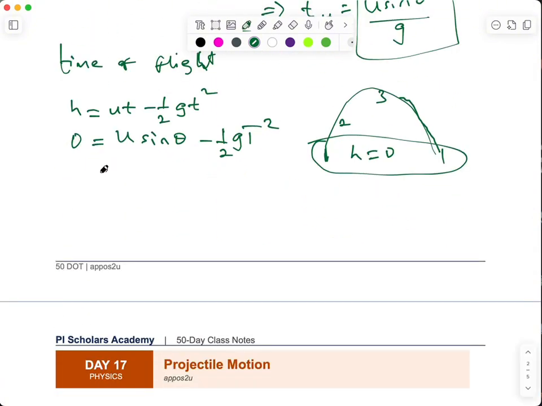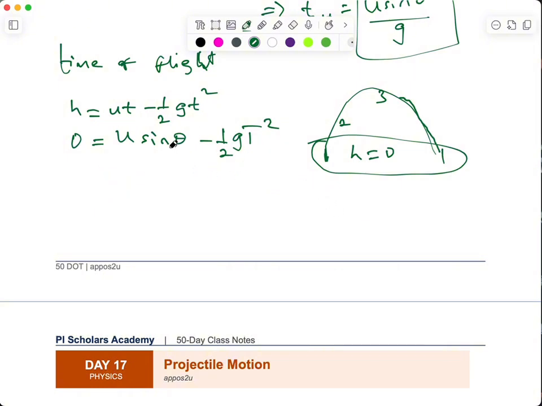So if you solve for t here, there's another t here, so u sine theta multiplied by t. I'm going to have to double back a little bit here, I omitted the t.